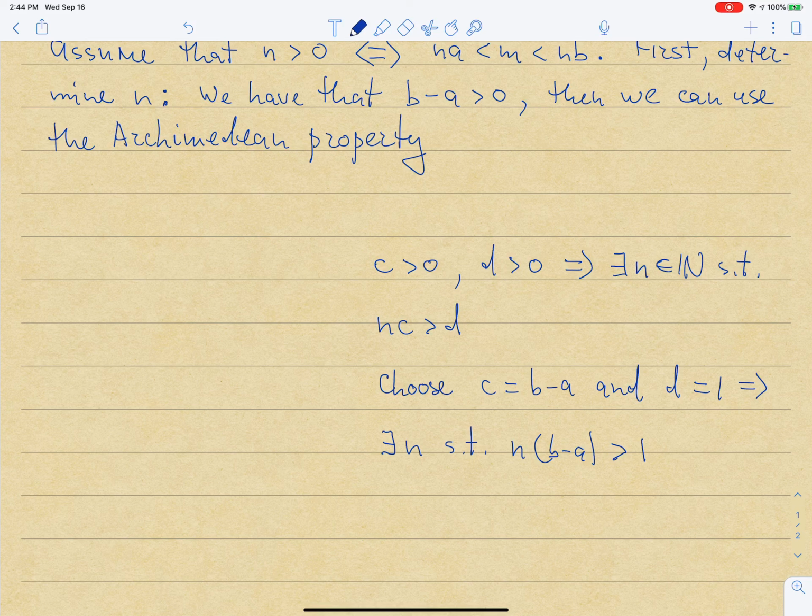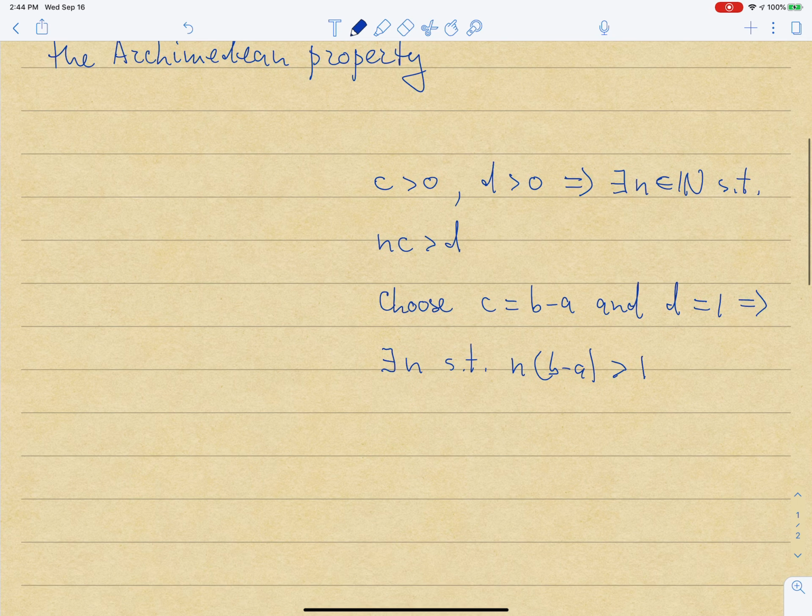Okay? And fine, and so that means that nb minus na is greater than 1. Well, why would that be beneficial to us in any way? Because what are we trying to do now? If we choose n like that from the Archimedean property for b minus a and 1, I know that n like that exists, so I already have the n.